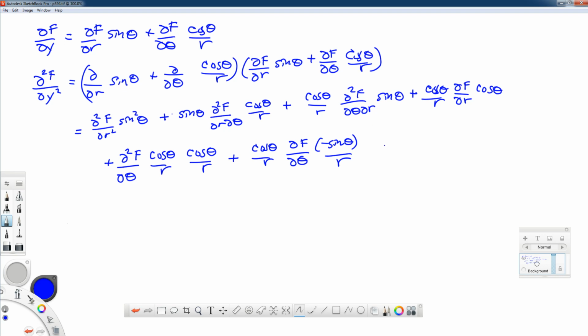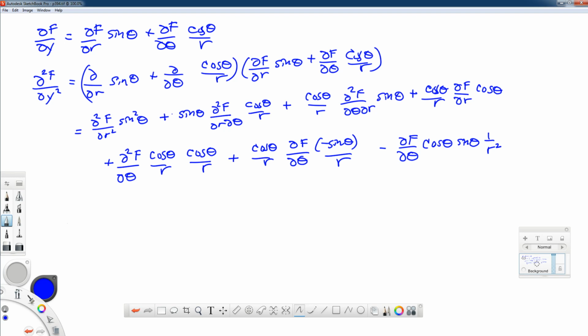Alright, so let me put a term in here. I'm going to have a partial of f with respect to theta, and I'm going to have a cosine theta. And now I have the partial, and I have a sine theta in there too. And I'm going to have the partial derivative of 1 over r with respect to r, which is going to be a minus 1 over r squared.